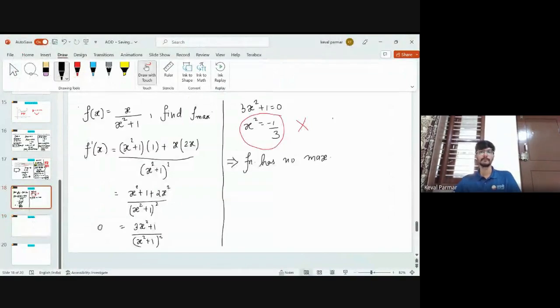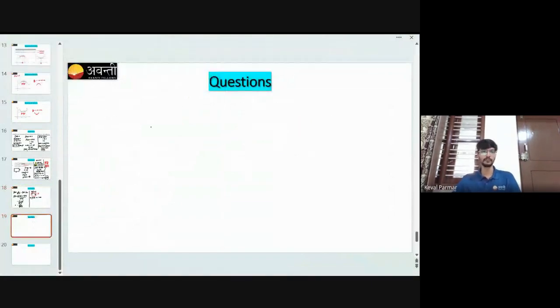Got it? Now let's take the next question. F of x equals log x upon x. Find f max and f min. Chalo.